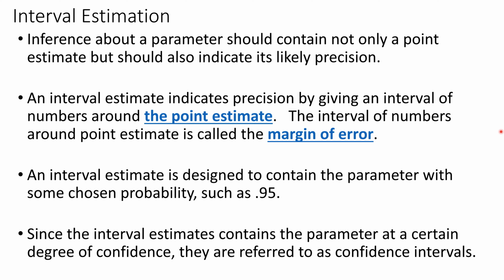The interval of numbers around the point estimate is called the margin of error. An interval estimate is designed to contain the parameter with some chosen probability, for example, 0.95. Since the interval estimate contains the parameter at a certain degree of confidence, they are referred to as confidence intervals.